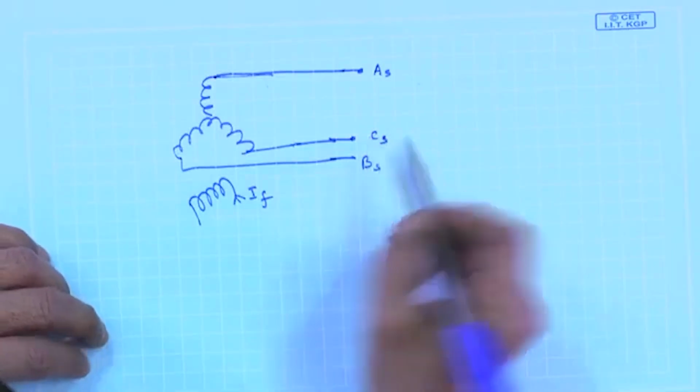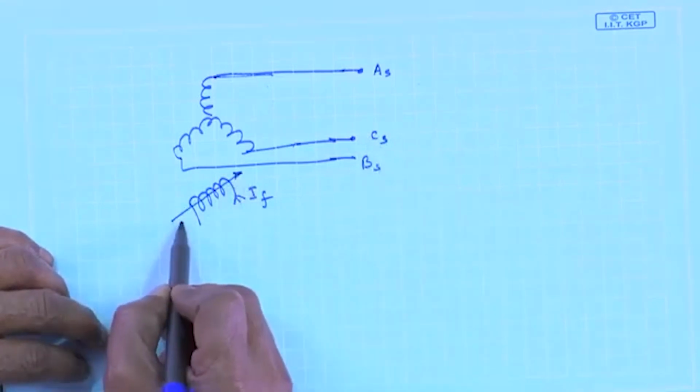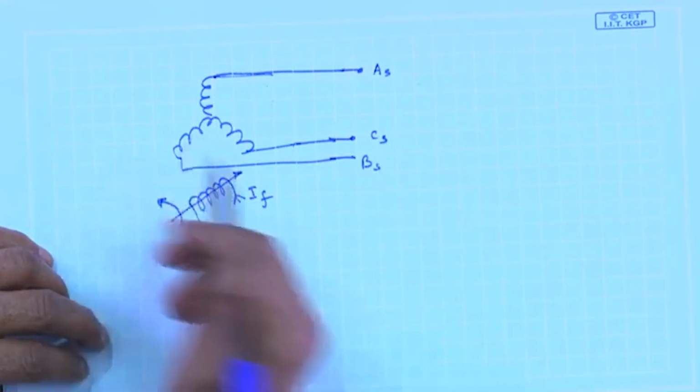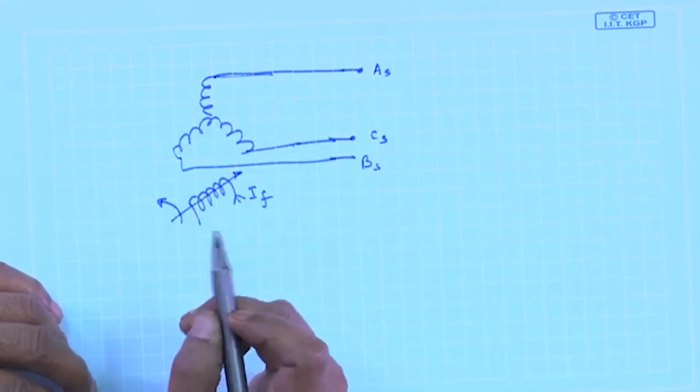I will not even write the phase labels. This is the rotor field, and it will be moving like that, and so on.